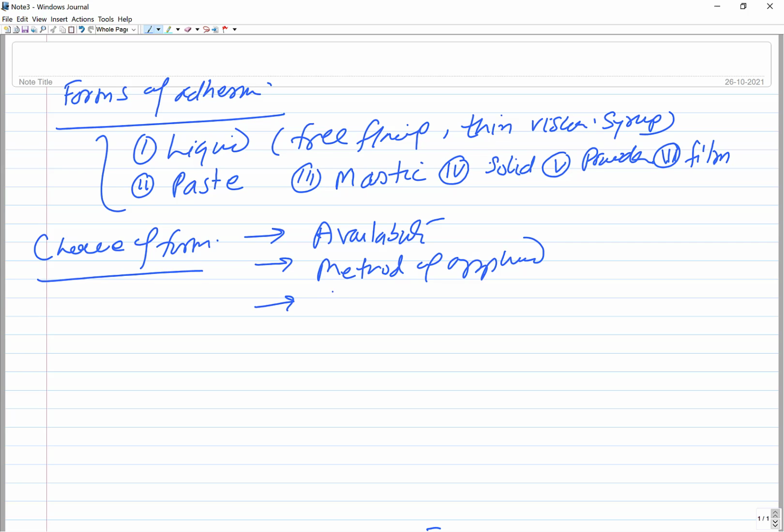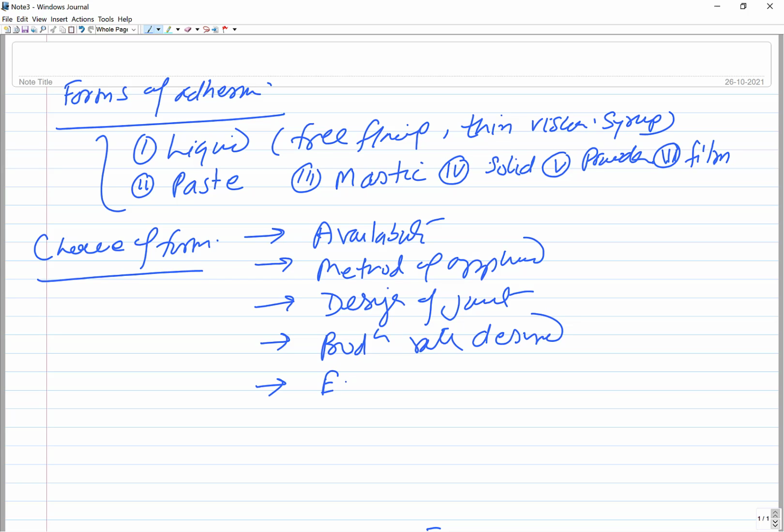What is the design of the joint in which it is to be applied? Then the production rate desired, like 10 units or hundreds of units per hour. And finally the economics will certainly be affecting, so you can say the equipment cost, or indirectly the economics of the adhesive joining, you also have to see.